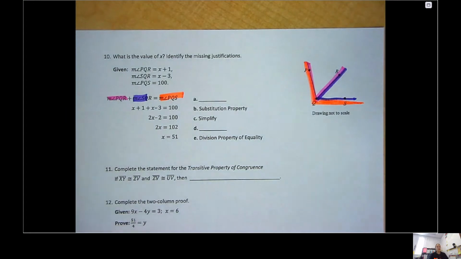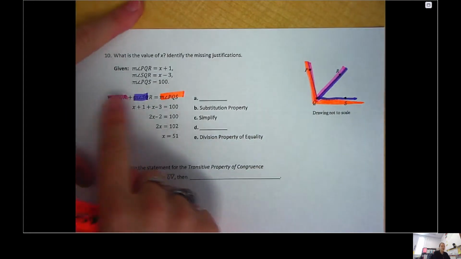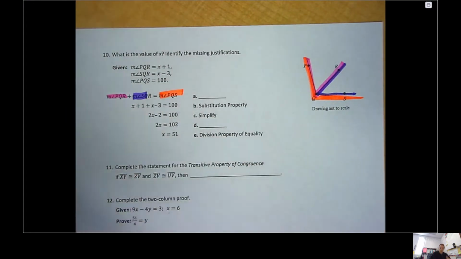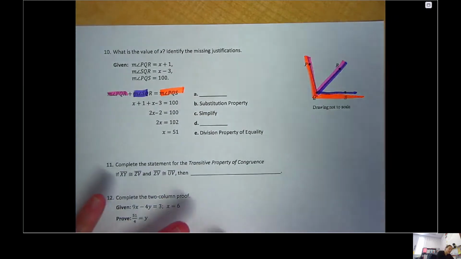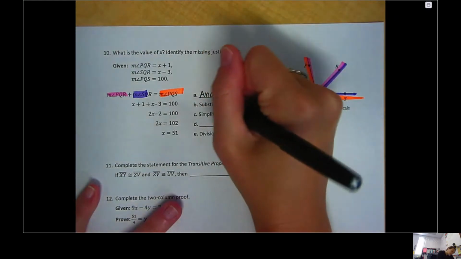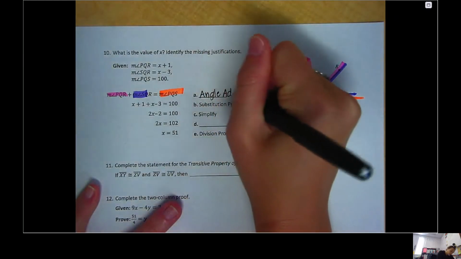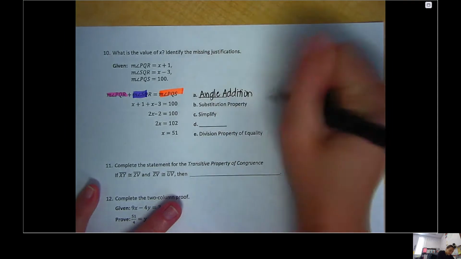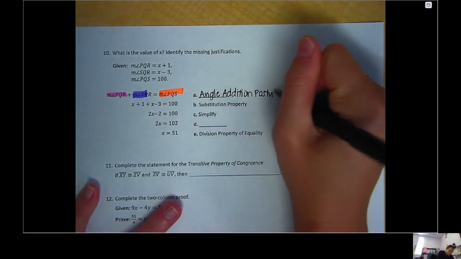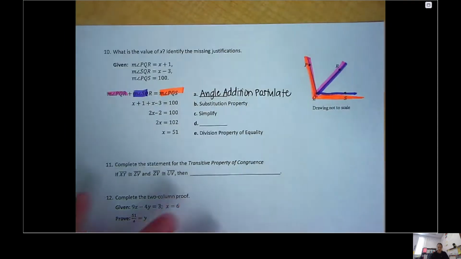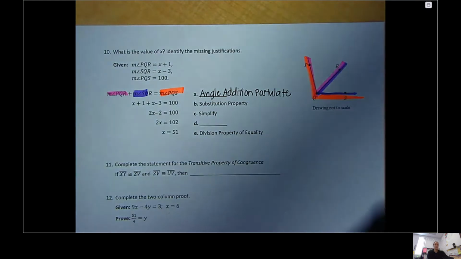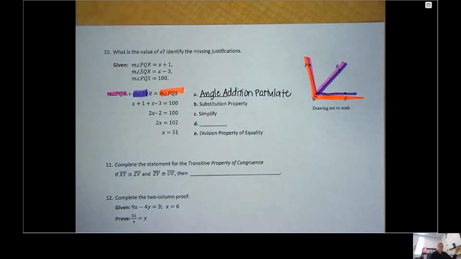So I want to know, hey, what says I can add the two small angles together to get the whole thing? That is the angle addition postulate. Okay, let's keep going now.